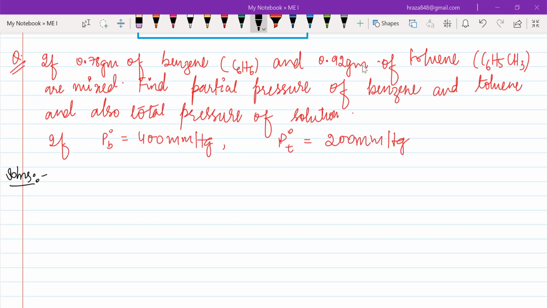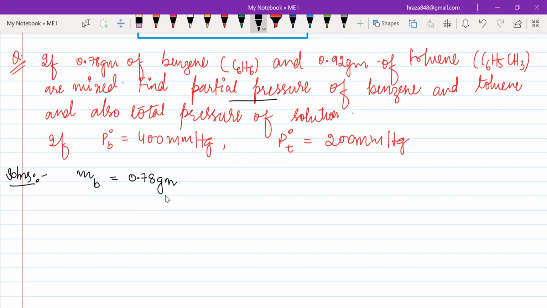Partial pressure is 94 mmHg. Partial pressure of which? Of benzene. 94 or 90? Okay, let me explain it. No, partial pressure of toluene is 94. Okay, I will check it.